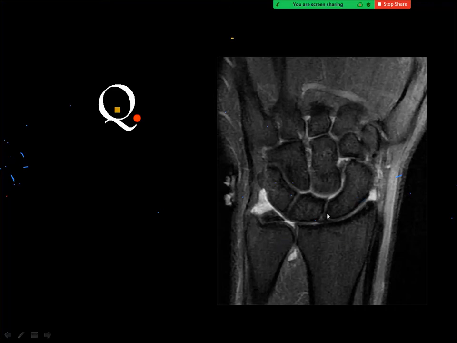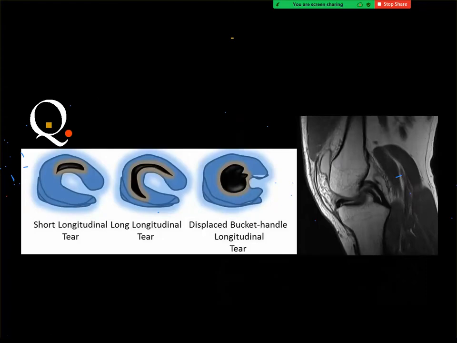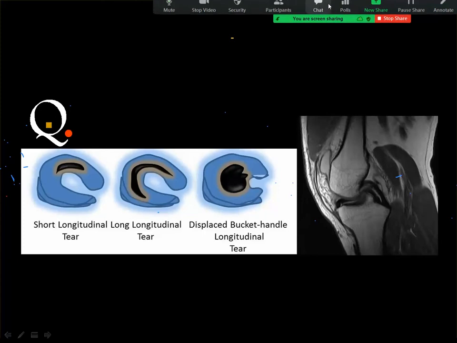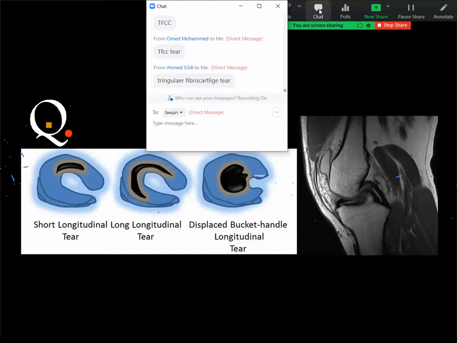This joint is the radiocarpal joint, of course, and this is triangular fibrocartilage tear. This is actually an easy case, and the illustrations are also provided.